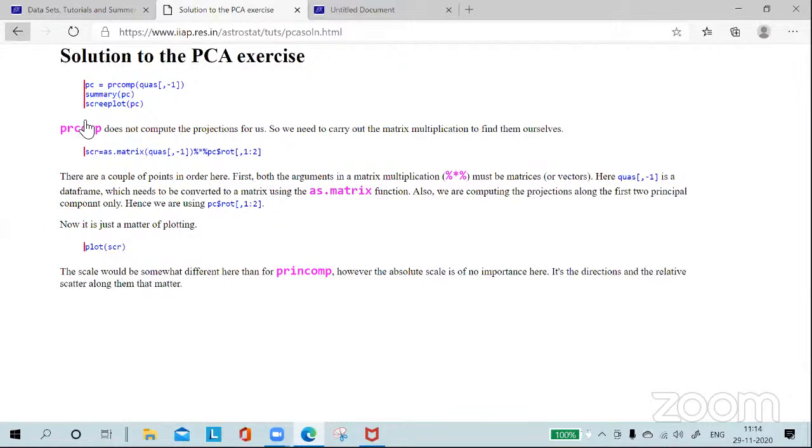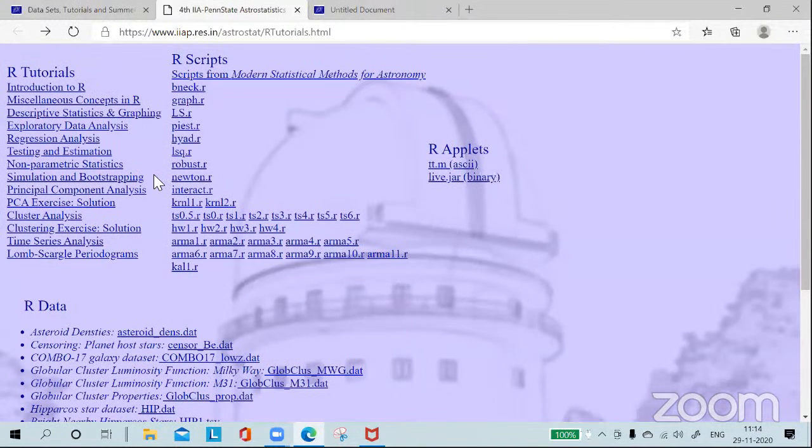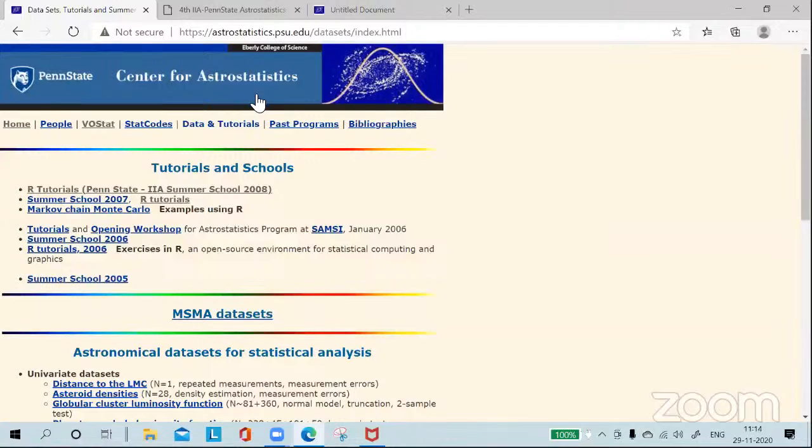Yeah. Or what we can do is similarly, this whole web page is for astrostatistics, Center for Astrostatistics, and you have Markov chain Monte Carlo ones, and then there are various summer schools which are there.